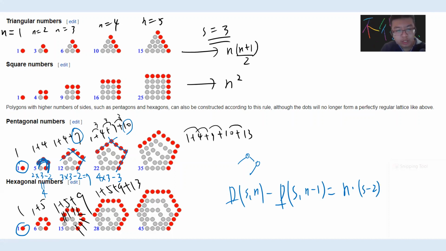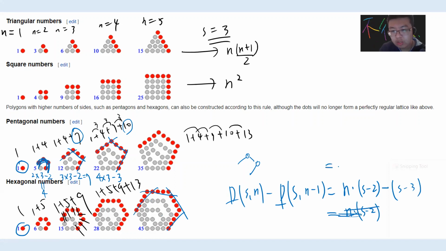For example, for s equals 6, you get 4 sides, okay? Minus the overlap will be s minus 3. So you can change this into, let's say, n(s minus 2) minus (s minus 3). Okay, so let me just write this.